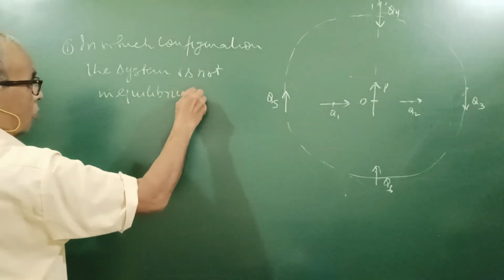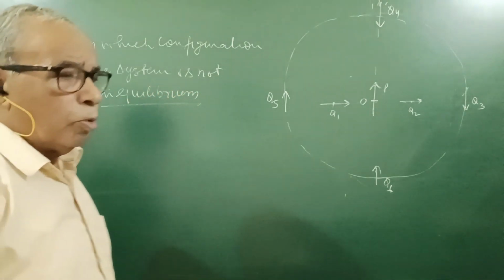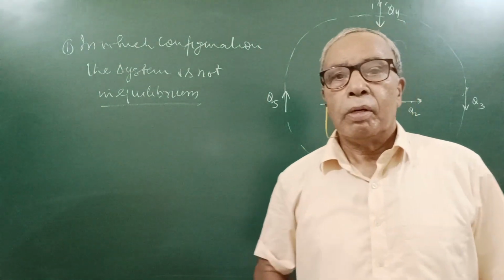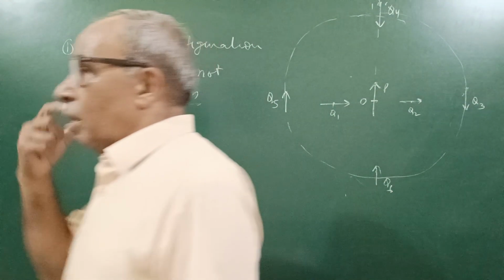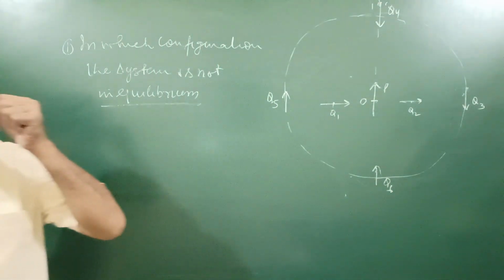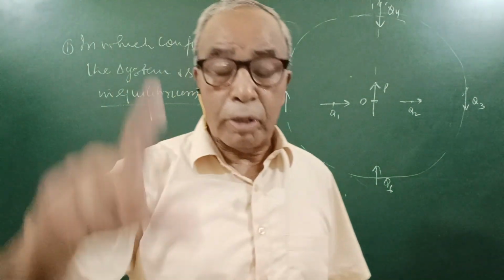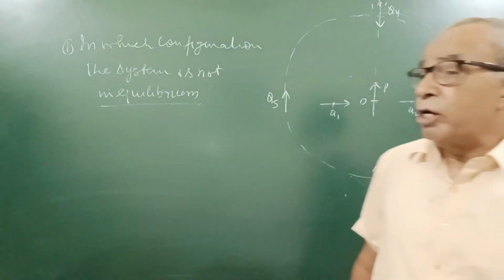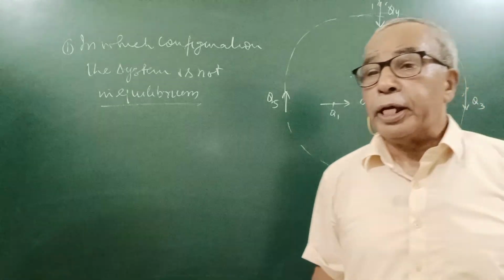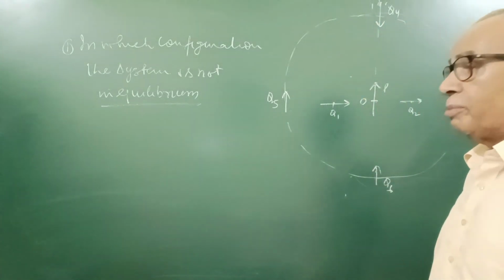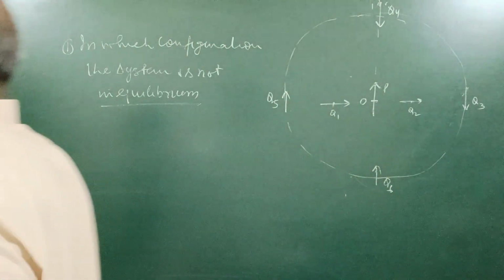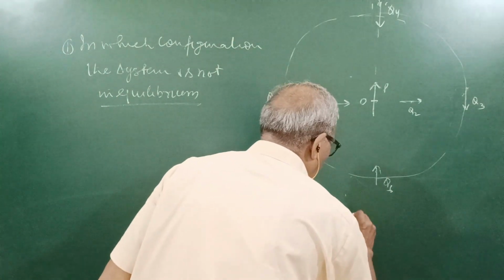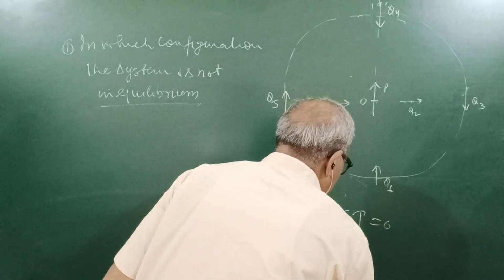I told you when a system of bodies will be in equilibrium. For any mechanical equilibrium, don't think of chemical equilibrium, the resultant of all forces and all torques acting on the body should be zero. What I told, for the equilibrium condition: vector sum of torque zero, vector sum of force zero.